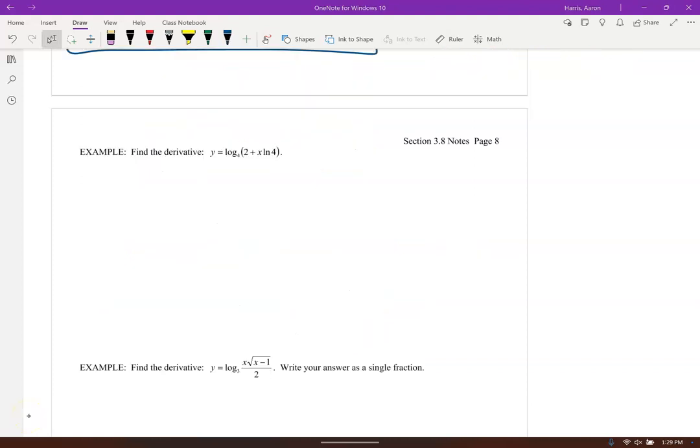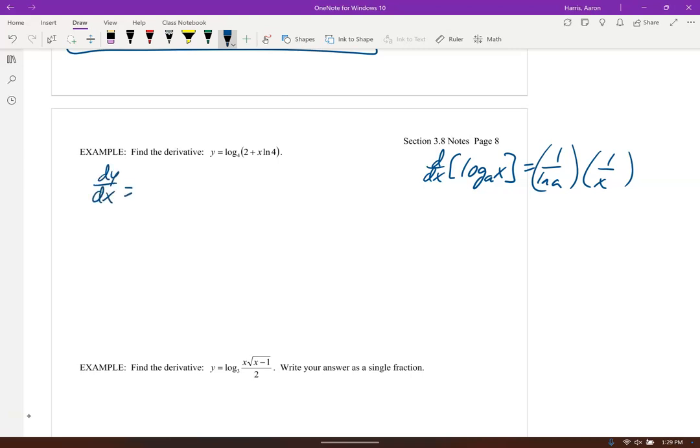Here, so we got a log base 4. So we're going to go ahead and use that rule that the derivative of log base a of x is 1 over ln of a times 1 over x. All right, so we'll use that rule here. So that dy dx ends up being 1 over the natural log of 4. Notice my a is 4. There's 1 over ln of 4. And then we got 1 over that stuff on the inside, right? 2 plus x ln of 4. Now, it's not just x right there, so I got to go ahead and take the chain rule.